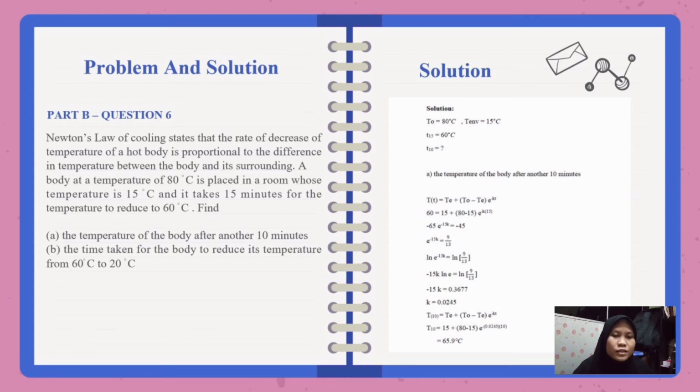So the 60 equals 15 plus in the bracket 80 minus 15, we multiply with exponent the power of K in the bracket is 15.